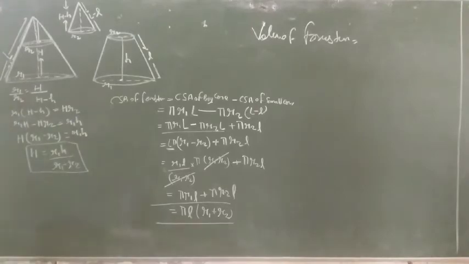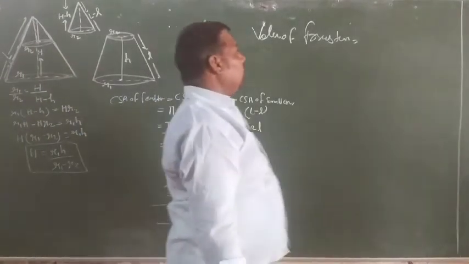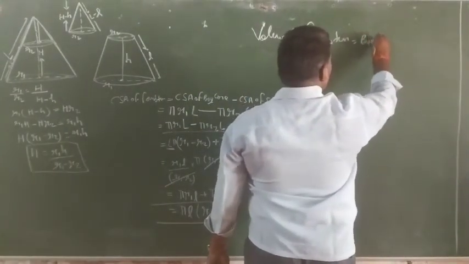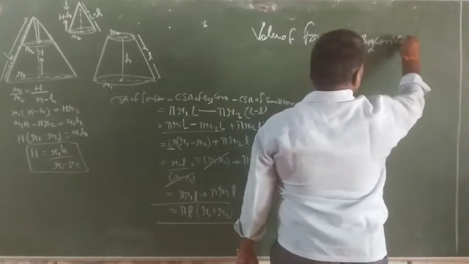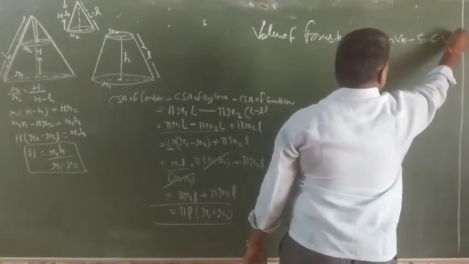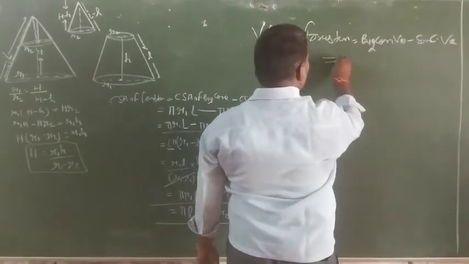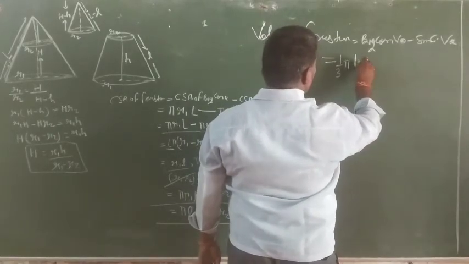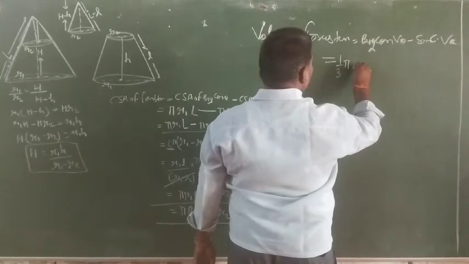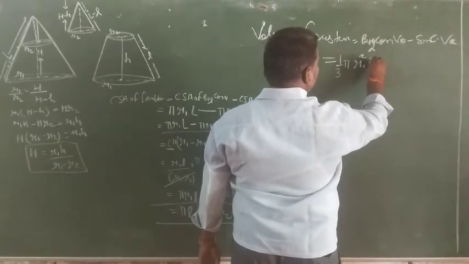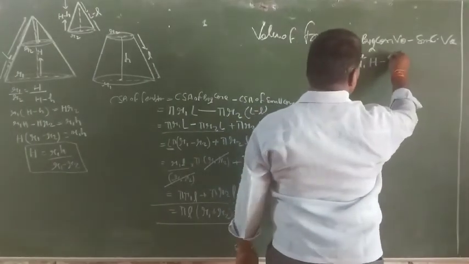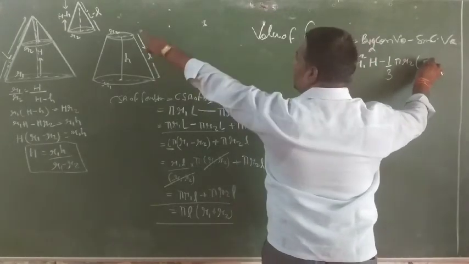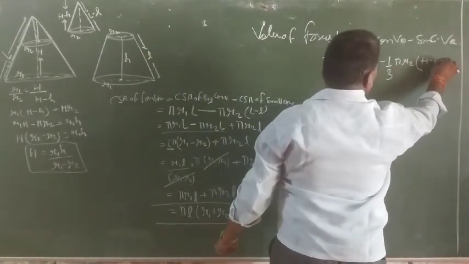Utilizing this value in the volume, how can we find the volume of the frustum? Big cone volume minus small cone volume. Big cone volume is 1 upon 3 pi R1 square capital H, minus 1 upon 3 pi R2 square, and the height of the small cone is capital H minus small h.